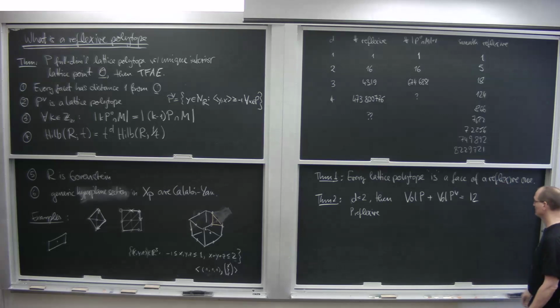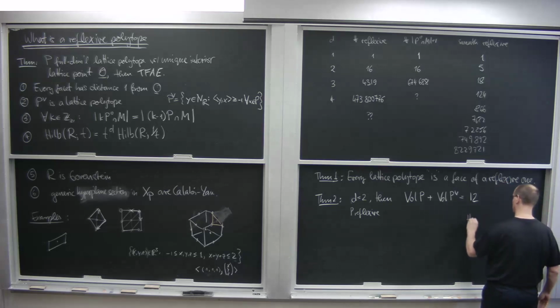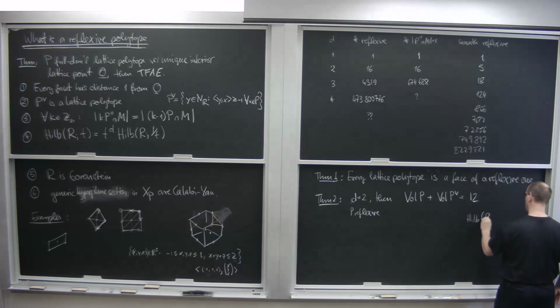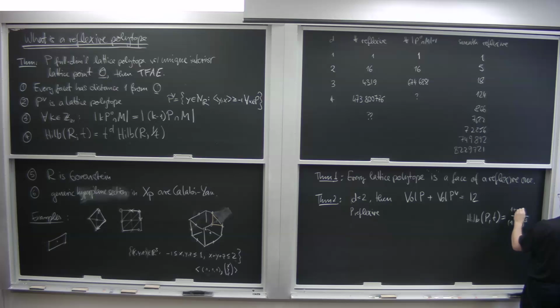In this case the Hilbert series is palindromic, right? So the Hilbert series of P has 1 minus t cubed in the denominator, and the numerator has 1 plus something times t plus t squared. Here it is b minus 2, where b is the volume.